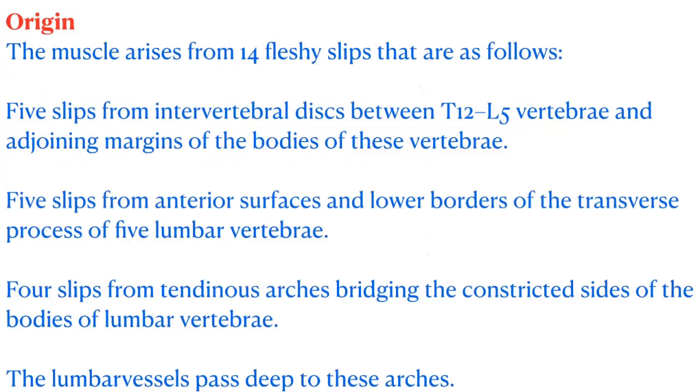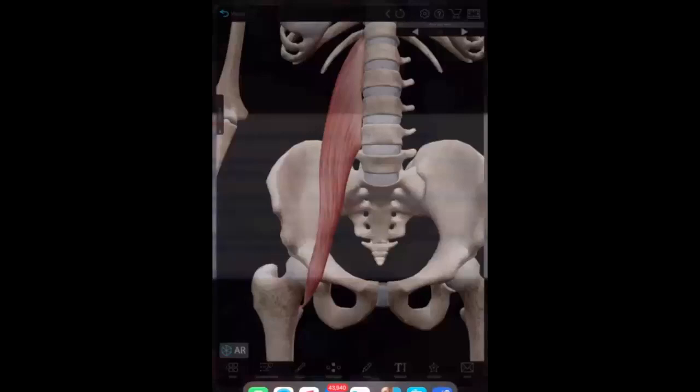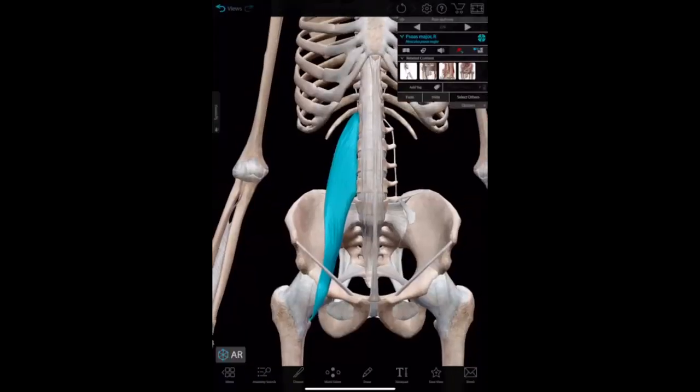The muscle arises from 14 fleshy slips that are as follows. The 5 slips from intervertebral discs between T12 to L5 vertebra and adjoining margins of the bodies of these vertebrae. Right? We'll see that. You see, this is the psoas major muscle, right?